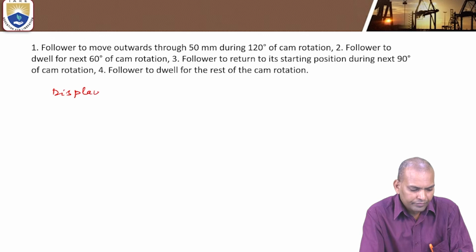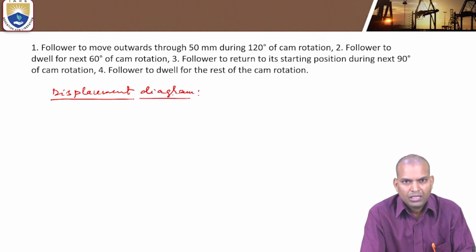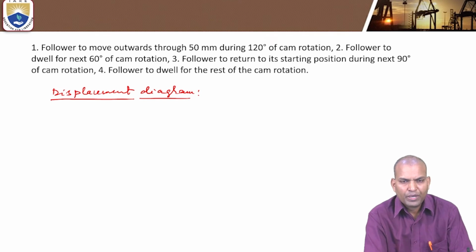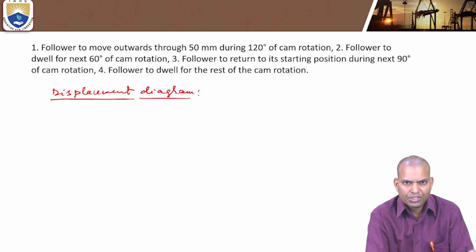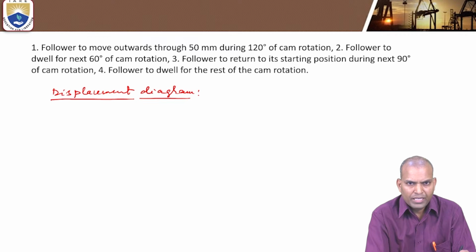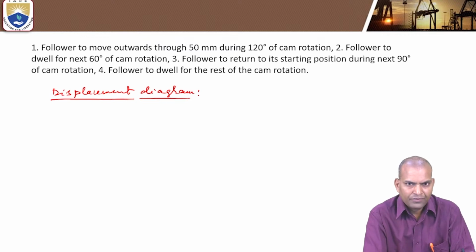The displacement diagram gives the location of the follower for a particular angle of rotation of a cam. So based on these locations of a follower for a particular angle, we will mark these locations on the radial lines or tangential lines of a base circle or prime circle of the cam.